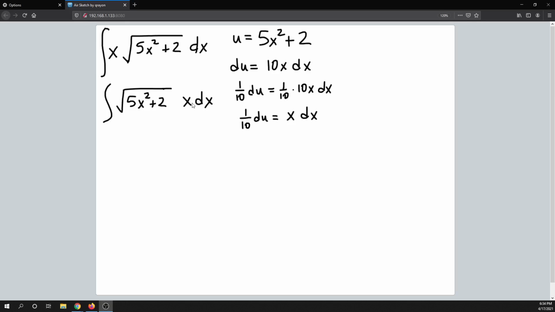I need to switch x dx over to some corresponding version using only the variable u, and you can see that the only variable that appears over on this side is the u. So now things are lined up pretty well for the switch. And so I'm going to go ahead and switch that. So it's going to be the square root of u, and then x dx is going to be 1/10 du.